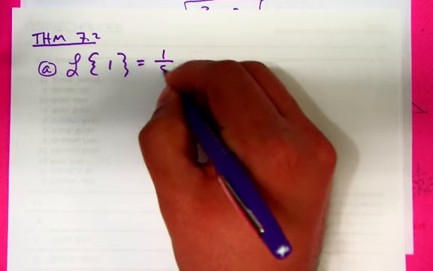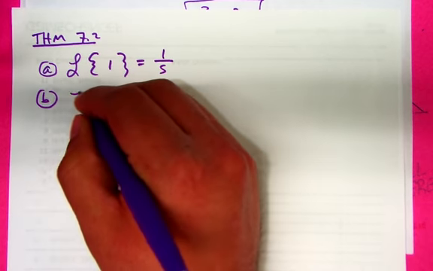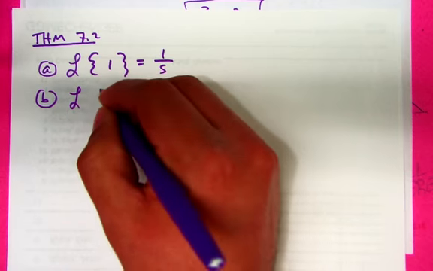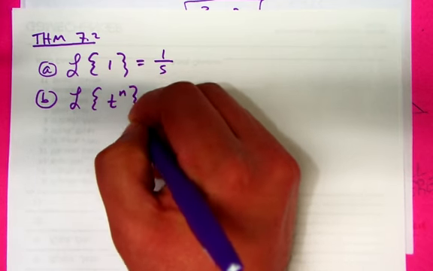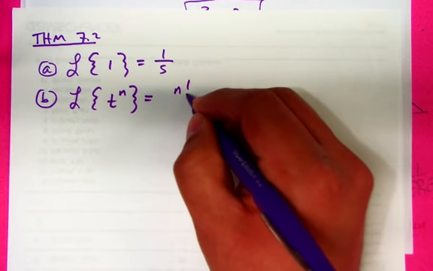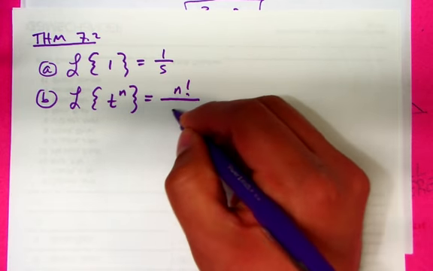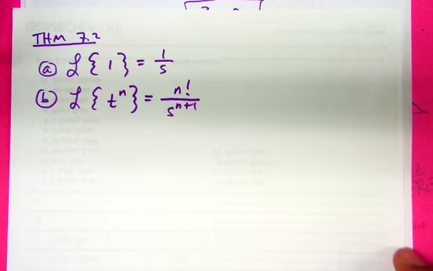And that's simply 1 over s. The next one is the Laplace transform of t to the n power. And that's going to be n factorial over s to the n plus 1 for the denominator.